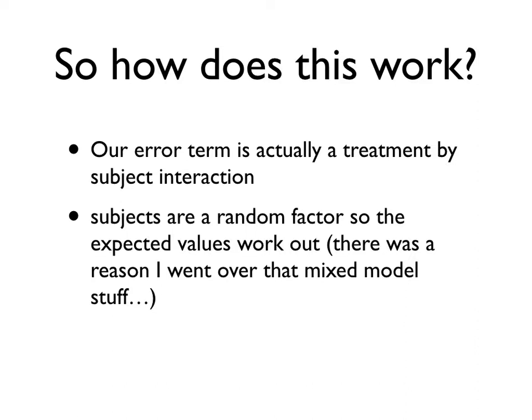I don't only care about the four of you, well, I care about all of you, but I don't only care about the results of just the four of you. I want to generalize it to humans. So I'm going to treat subject as a random factor. And if you remember what happens with the expected values of these mean squares, do I have that on here? I don't think I do.